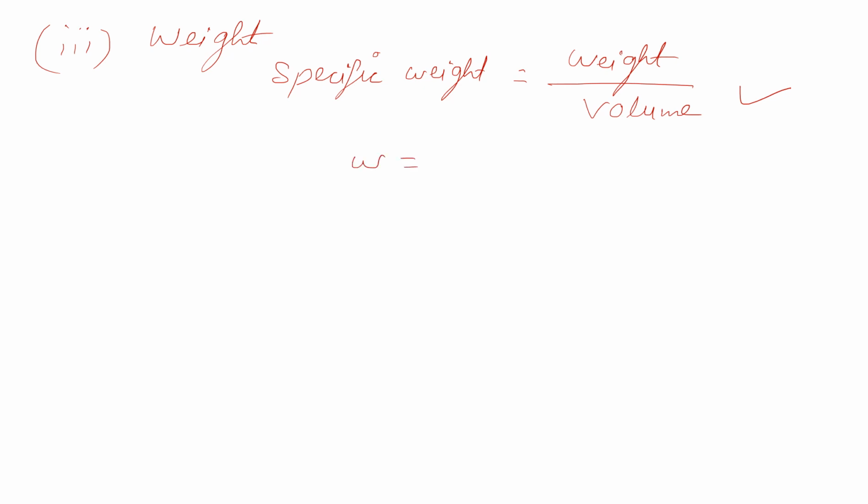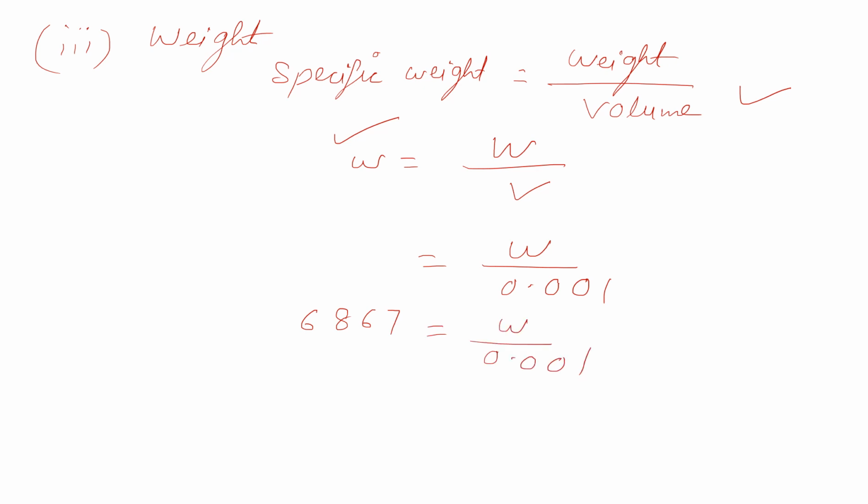So we know the value of specific weight found in the second part, which is 6867. So weight will be 6867 multiplied by this value, that is 0.001, which gives 6.867 Newton. This is our answer.